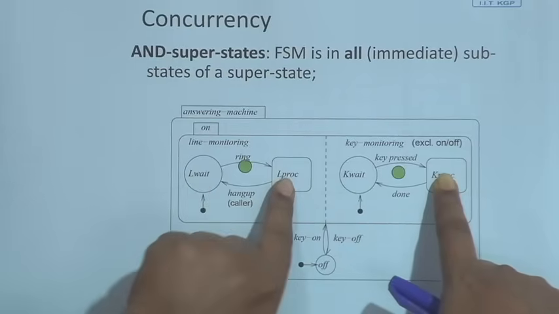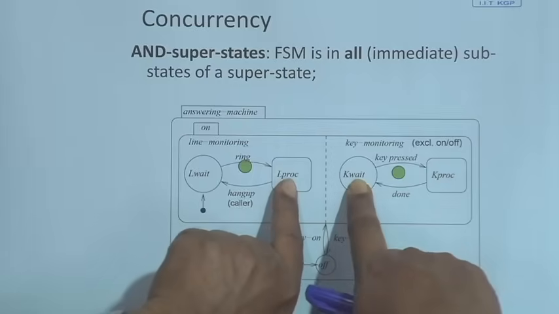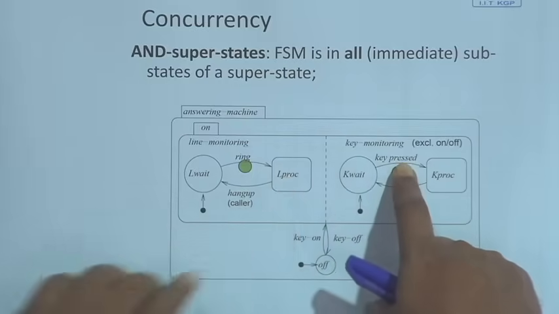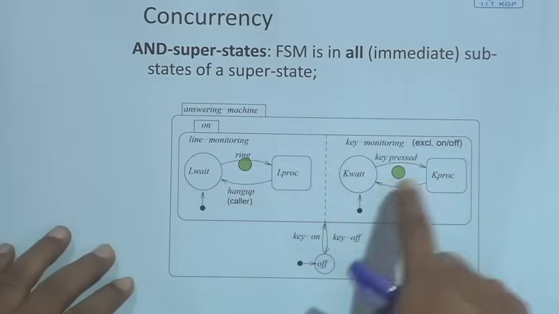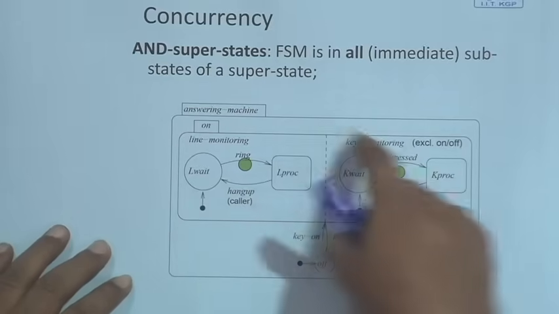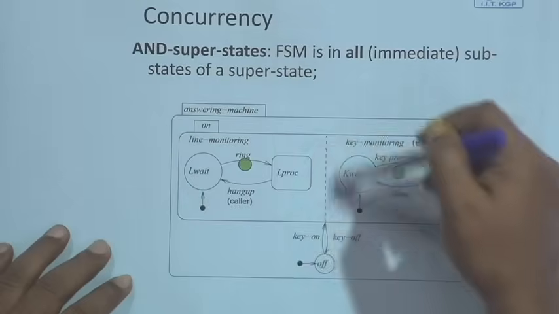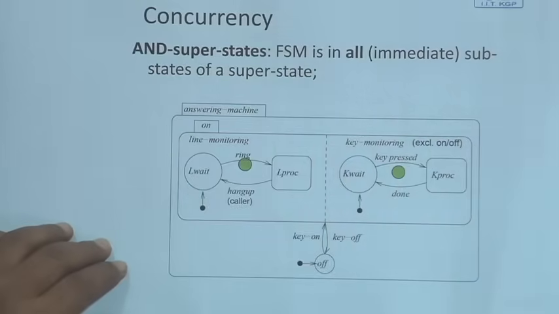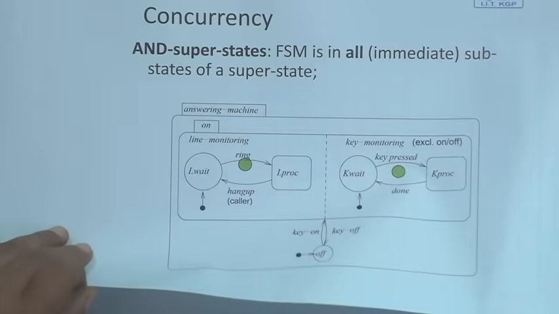If I am doing line processing and I am in key wait, then also both of these are active. So, it is in all substates of the superstate. This is superstate. That is why it is called AND superstate. Okay.